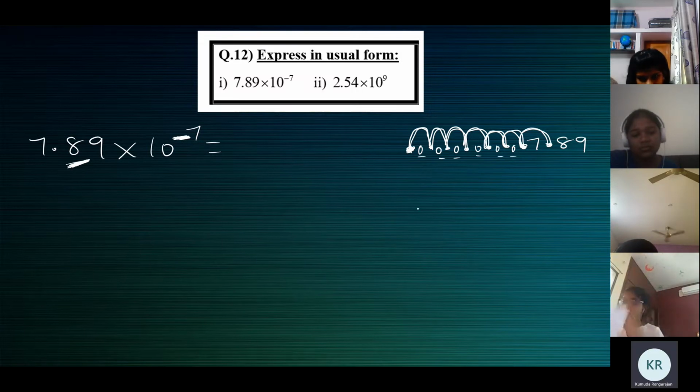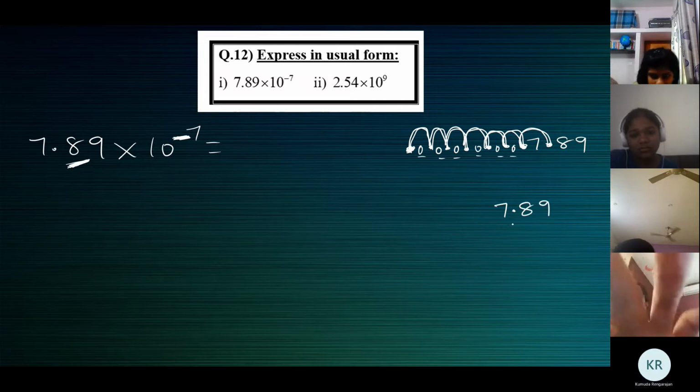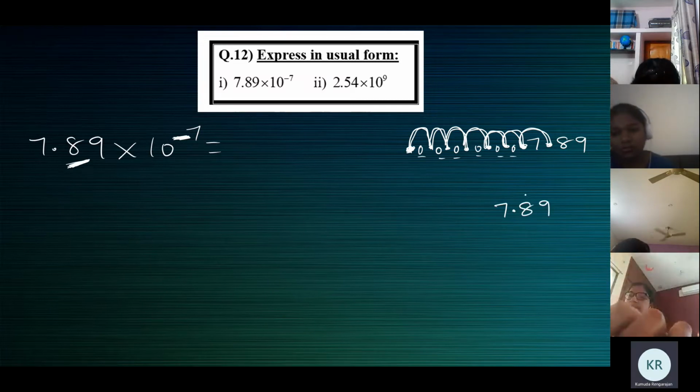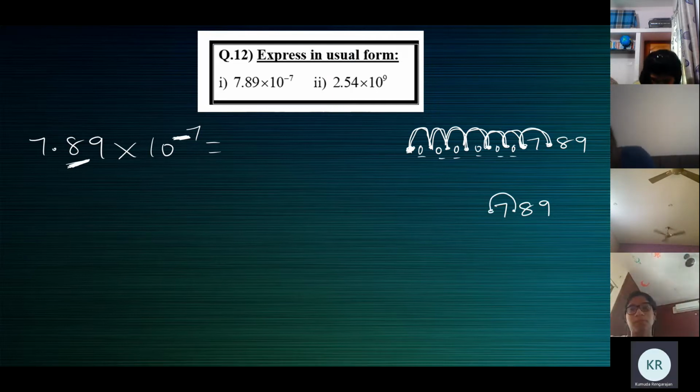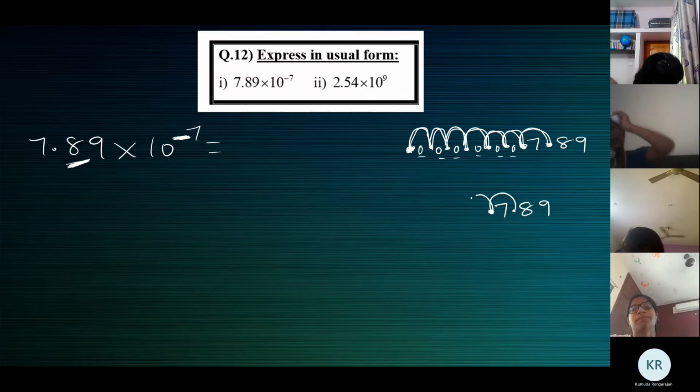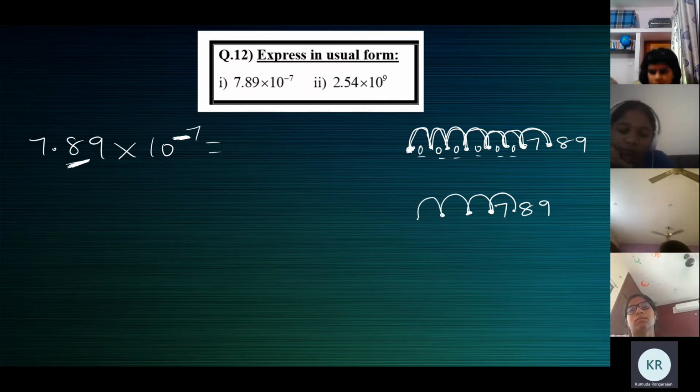I'll do it again. It is 7.89. We need to shift the decimal point by 7 places. Since it's a negative 7, you need to reduce the value of the number. So move it to the left. 1, the decimal point will come here. 2, the decimal point will come here. 3, 4, 5, 6, 7.